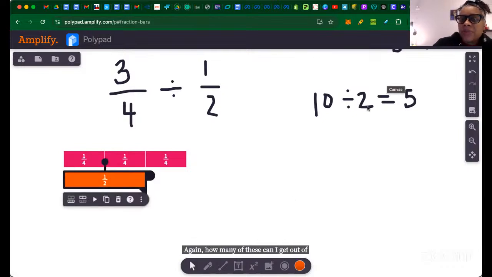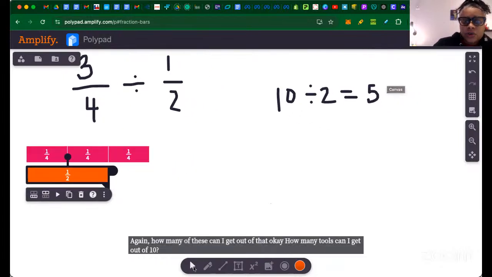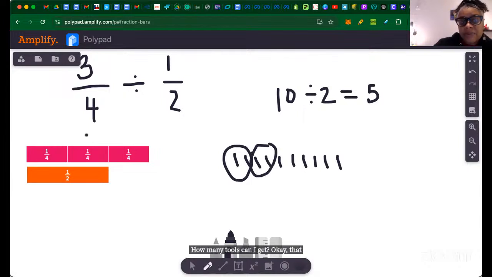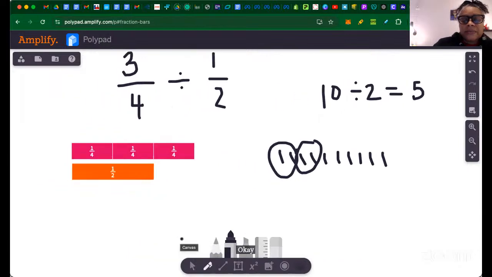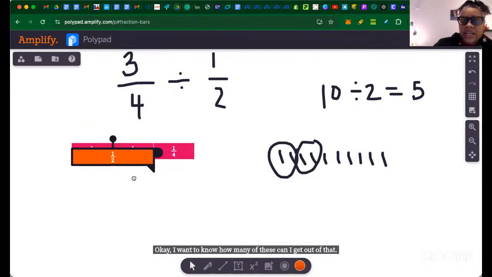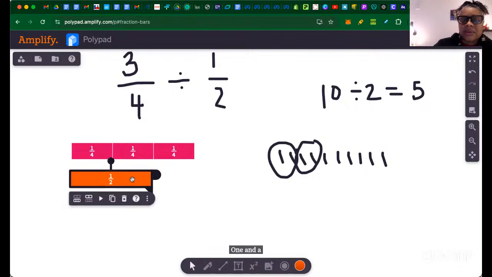How many 2's can I get out of 10? If I had 1, 2, 3, 4, 5, 6, 7, 8, 9, 10, how many 2's can I get? That's what I'm doing. Same thing over here, it's just that it's fractions. I want to know how many of these can I get out of that? 1.5.